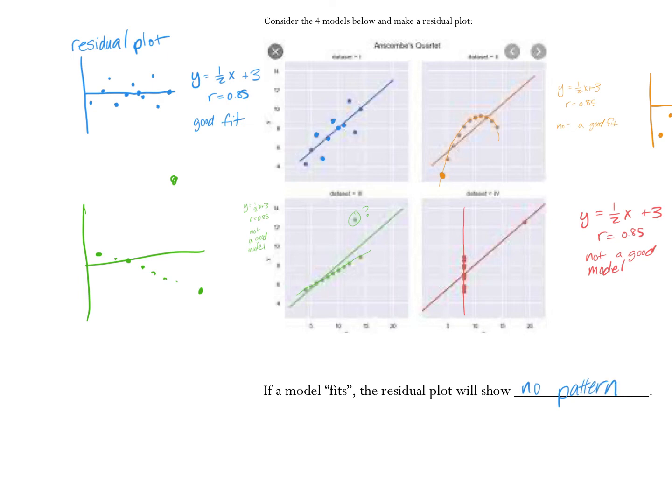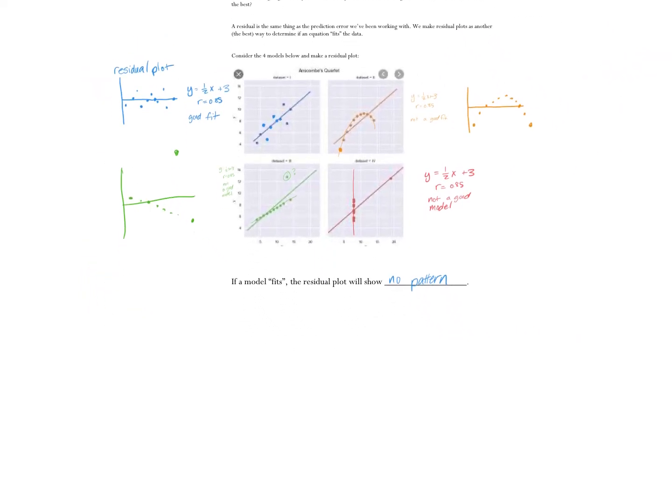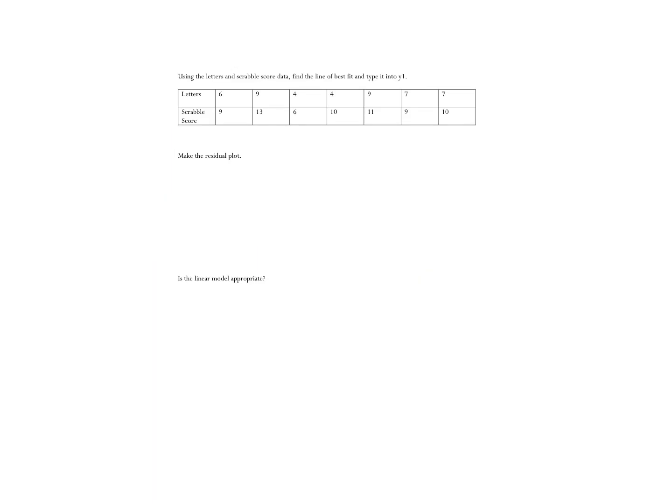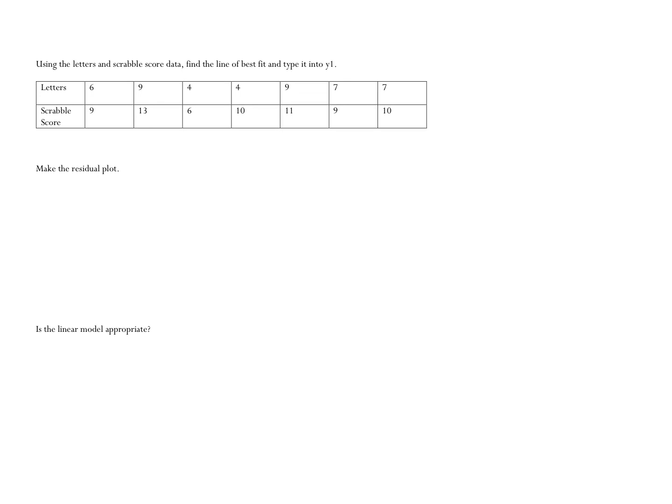Okay, so if the equation we've found is a good fitting model, we should be able to make a residual plot and not see any pattern in that residual plot. Is everybody with me? Now, I'm going to make a different scatter plot real quick.